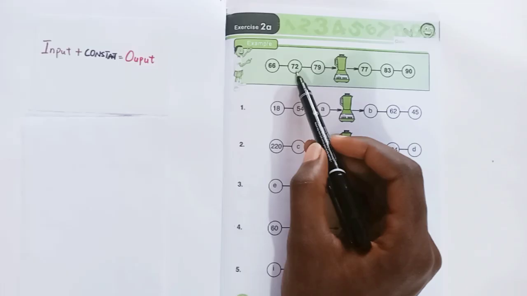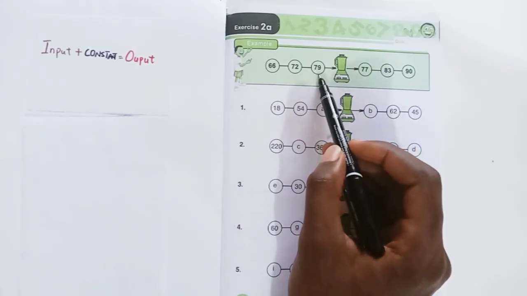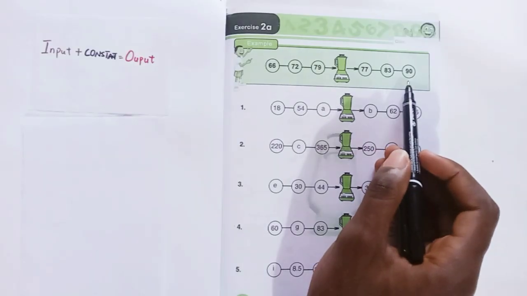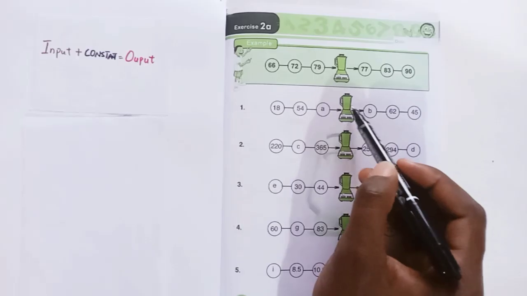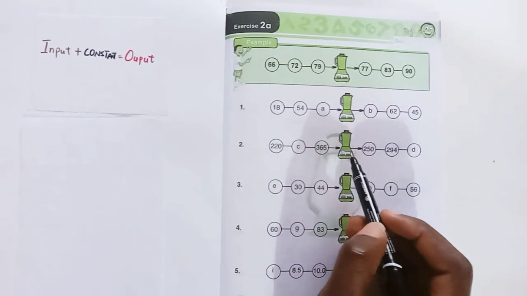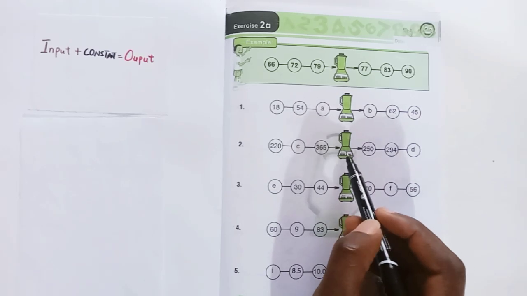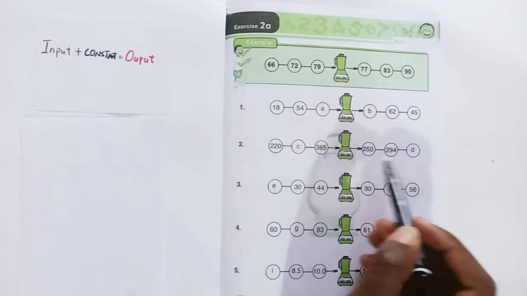If we add 72 plus the 11, it will give us 83. If we add 79 plus 11, it will give us 90. So that is the pattern. There is always something here, which is the constant. That constant is what we are going to be adding to each input to get the output numbers.